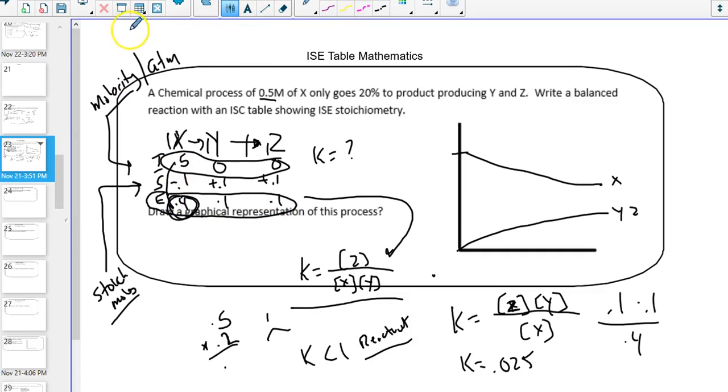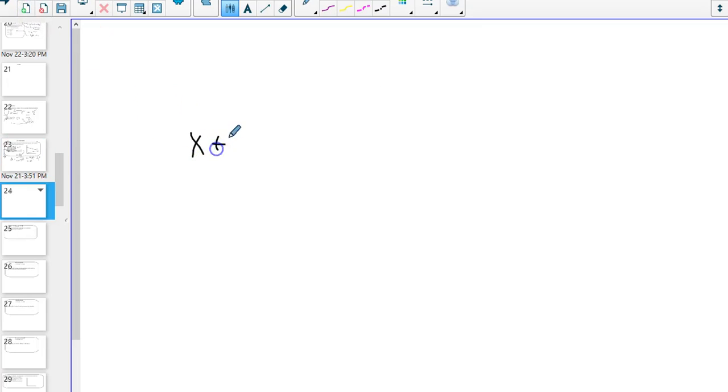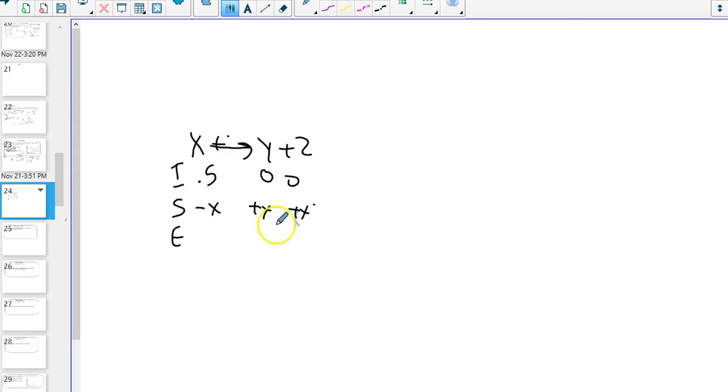Let's grab ourselves a new page quickly, just because I can do it this way. X goes to Y plus Z, initial, stoichiometric ratio, end, 0.5, 0, 0. Now, as the reaction proceeds, I will lose x of this, I will gain x of this, and I will gain x of that. And then this is given right here. This is kind of the key.